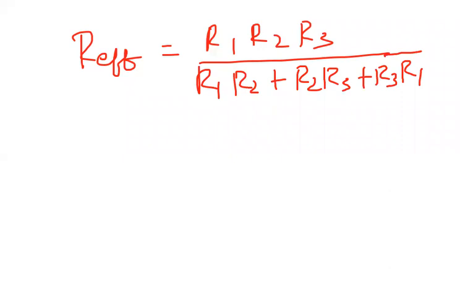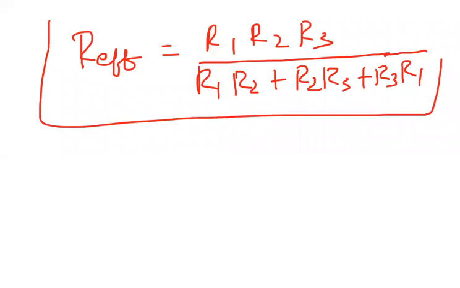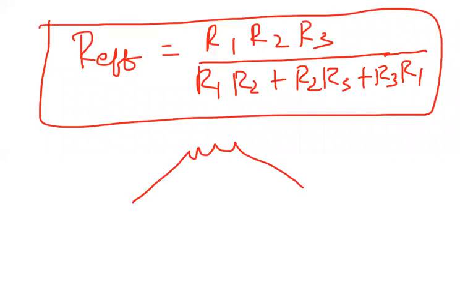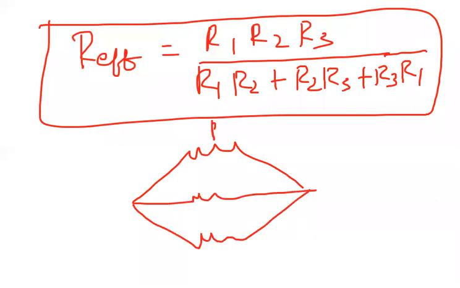This is the effective resistance when three resistances R1, R2, R3 are connected in parallel between the same points A and B.